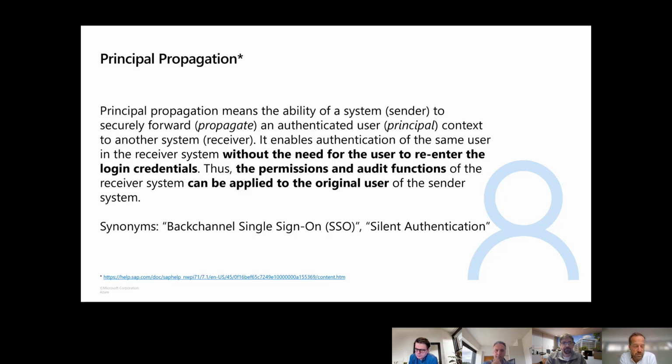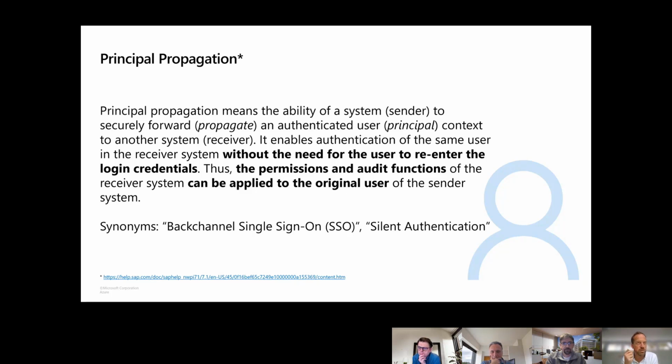And from an end user perspective, you definitely want to avoid that you prompt the user again with, for example, a login screen that asks the user for the credentials in that target system. So this is quite important for many scenarios where the architecture of the solution spans across different systems, and in our case here even different platforms, and where you only want to prompt the user for an initial login.